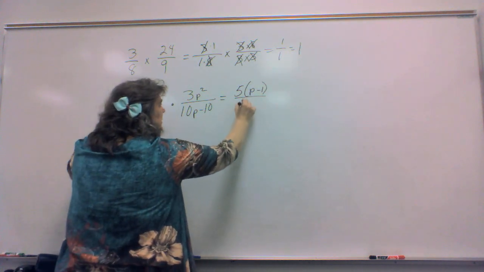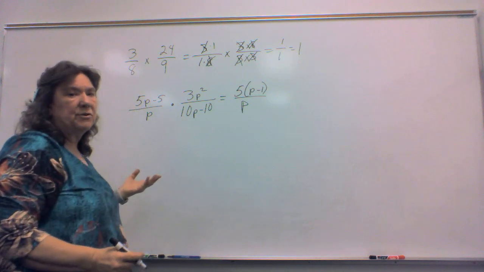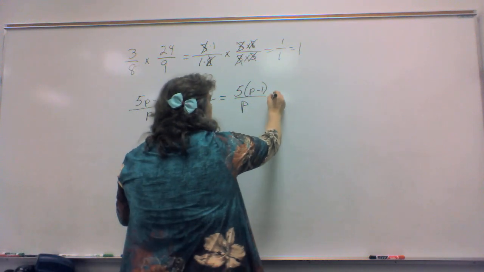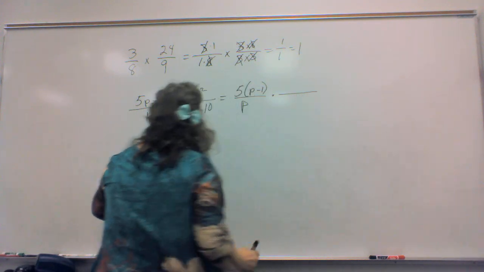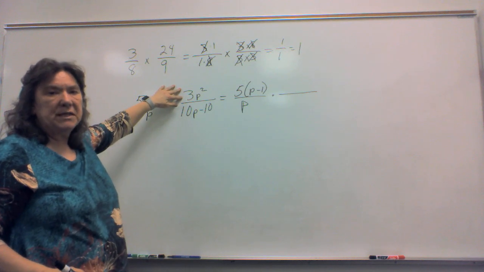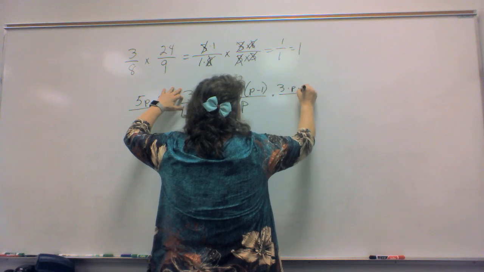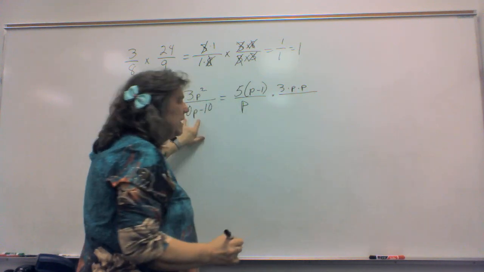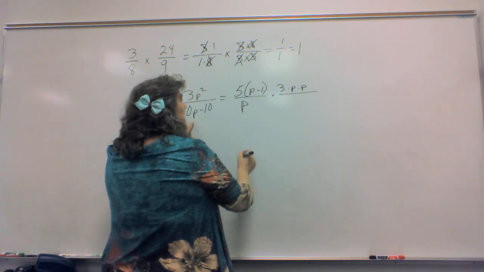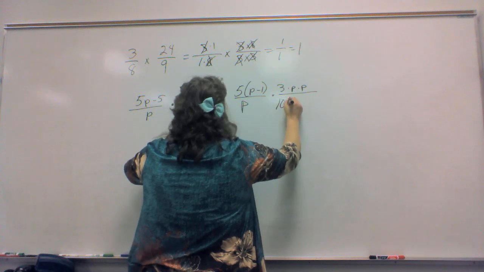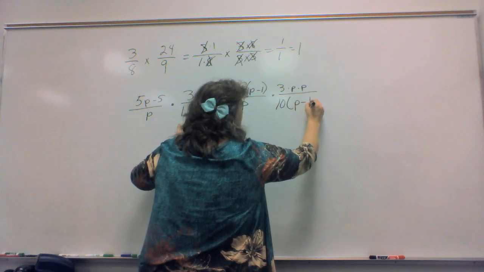The denominator has p and it cannot factor anymore, times my second one, which is 3 times p squared, which is 3 times p, and then 10p minus 10. This is going to be 10 times p minus 1.